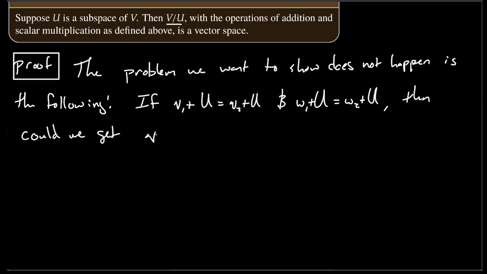That is, v1 plus w1 translating u not equal to v2 plus w2 translating u. So we want to show that this doesn't happen.